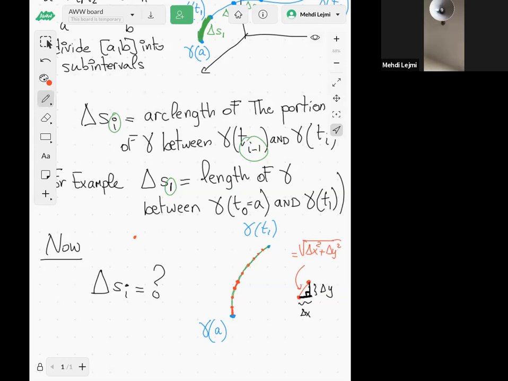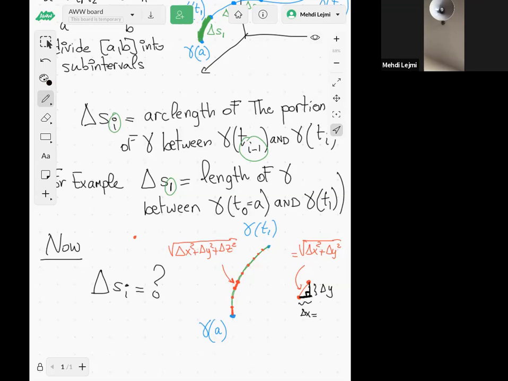Now we are not in the plane, we are in space. So we have three coordinates, but the idea is the same. We have this small portion which looks like a straight line, so I can approximate its length using the Pythagorean theorem. That would be the square root of delta x squared plus delta y squared plus delta z squared. When I say delta x, delta y, delta z, that's the difference between the coordinates.